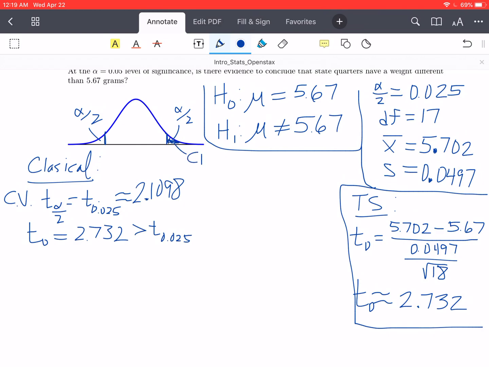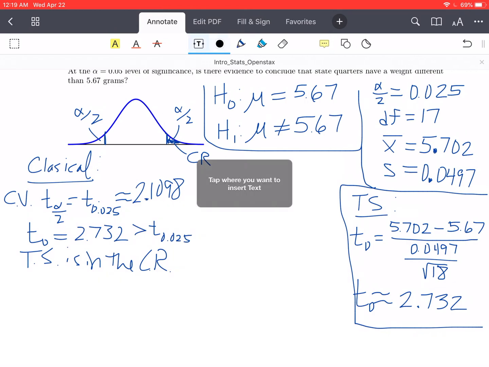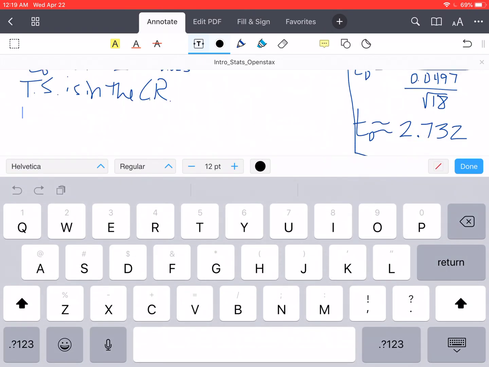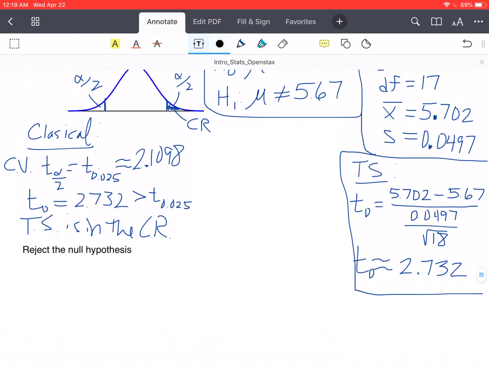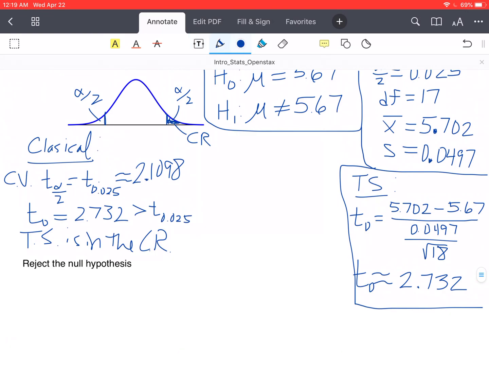So the test statistic is in the critical region, which means that it is statistically significant. So we can reject H naught, reject the null hypothesis.